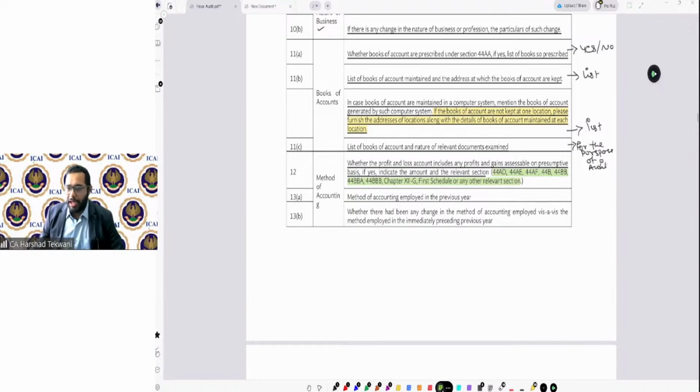So you need to see that sometimes minor changes are there between the utilities and the actual Form 3CD, because when you see the utility, you will find that a bit of tweaking has been done.